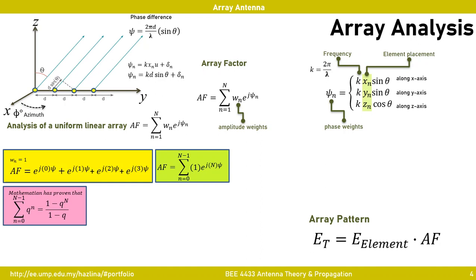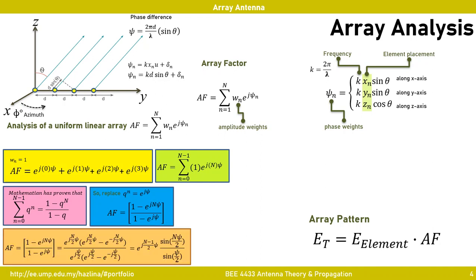In discrete mathematics, it was proven that the summation could be simplified as shown here. Hence, using this concept, the array factor of the 4-element array is equal to this equation. Playing around with mathematical factorization, the equation in the blue box can be rearranged and simplified as follows.